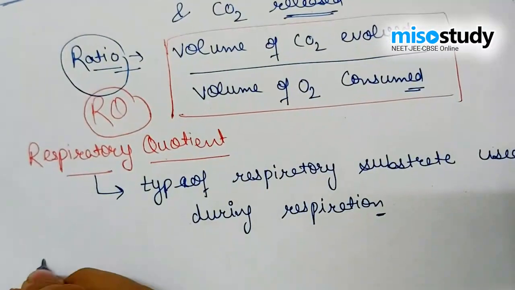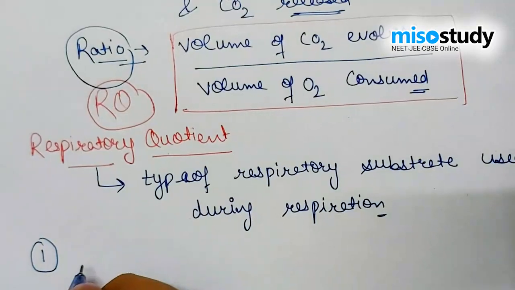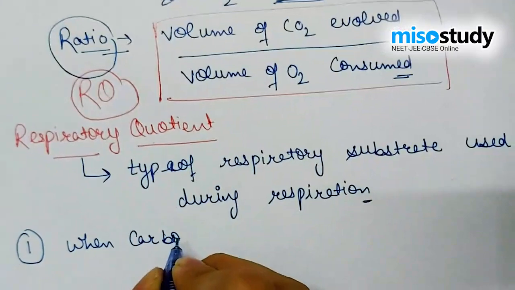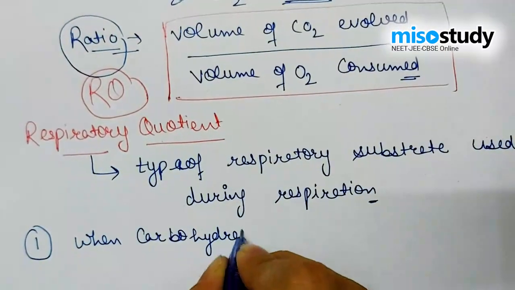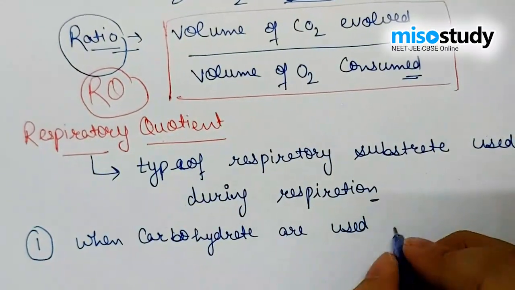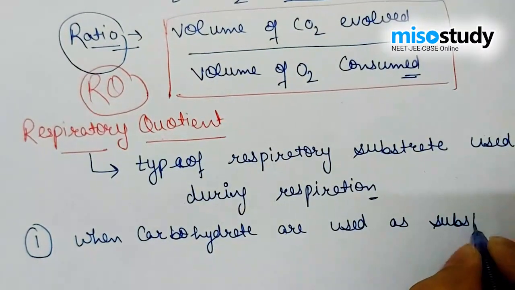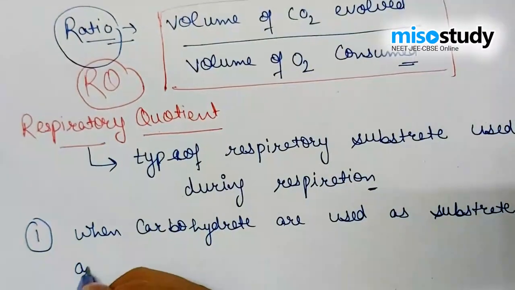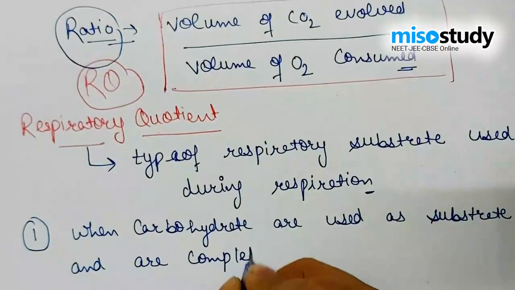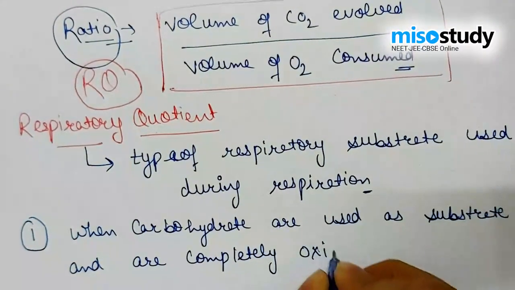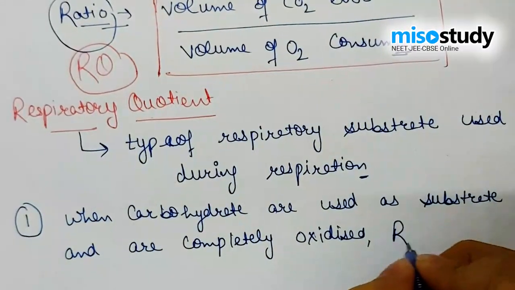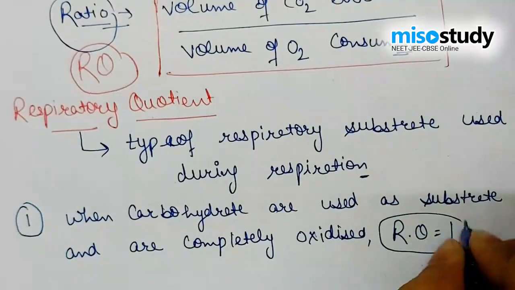When we discuss the first case, that is carbohydrate, when carbohydrates are used as substrate and are completely oxidized, in that case RQ will be 1.